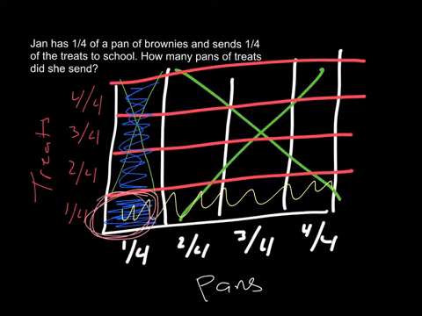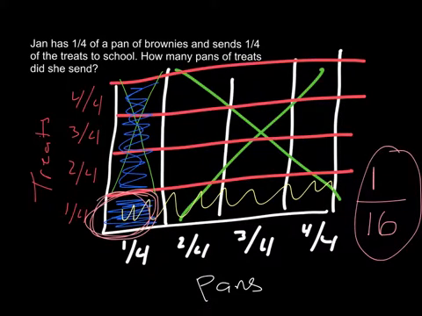So I only have one of those sections. I'm going to put a 1. And if I count up all of the squares inside this area model, I see that there are 16 total. So when we look at that, we see that Jan, in this problem, sent 1/16 of the treats to school.